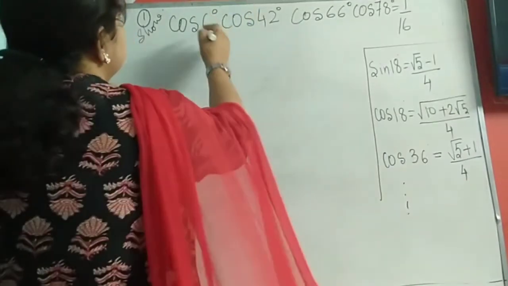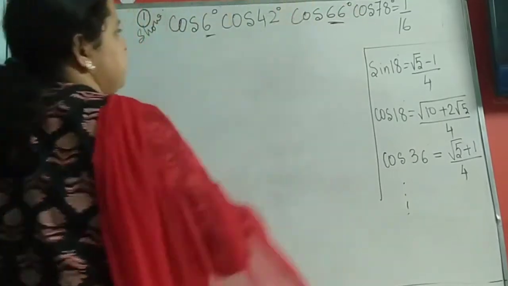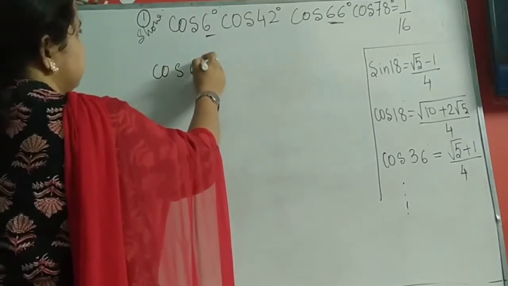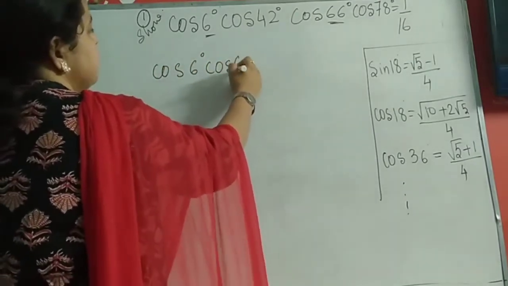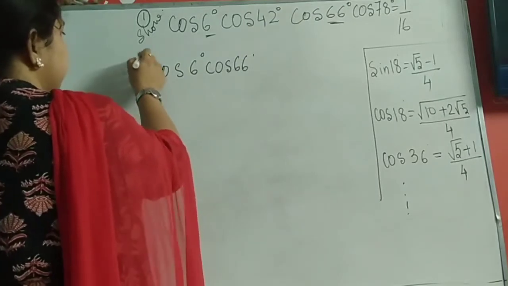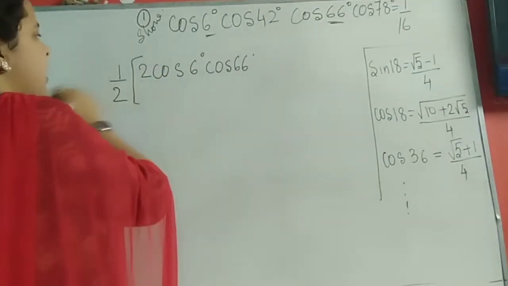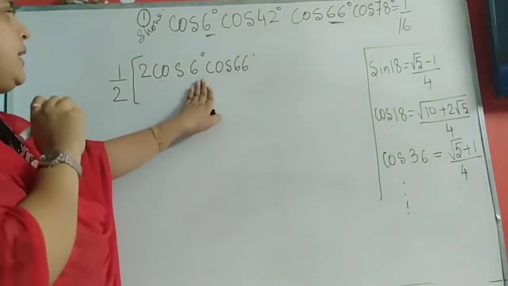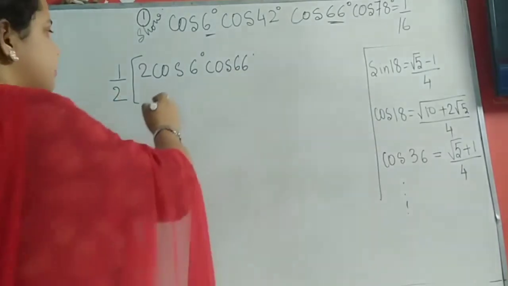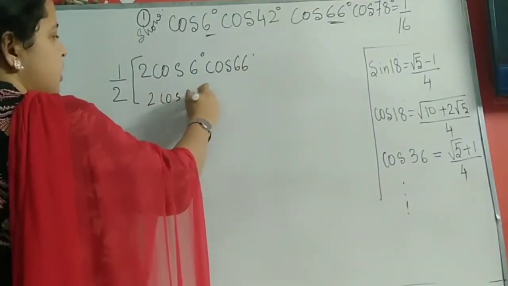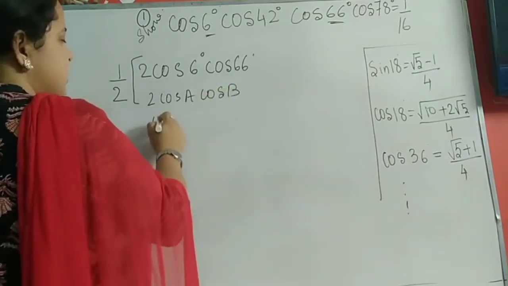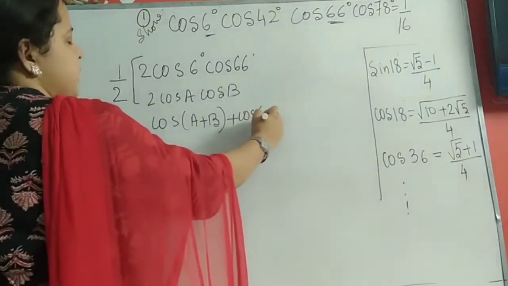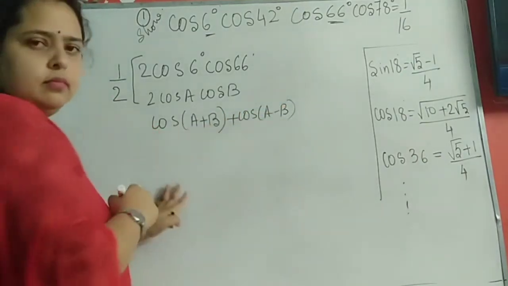So I think about this 6 and 66. Let us collect it. So cos 6, cos 66 degree, and I am going to multiply a half outside because I am going to apply the formula of 2 cos A cos B. What is that? 2 cos A cos B, that is cos of A plus B plus cos of A minus B, isn't it?